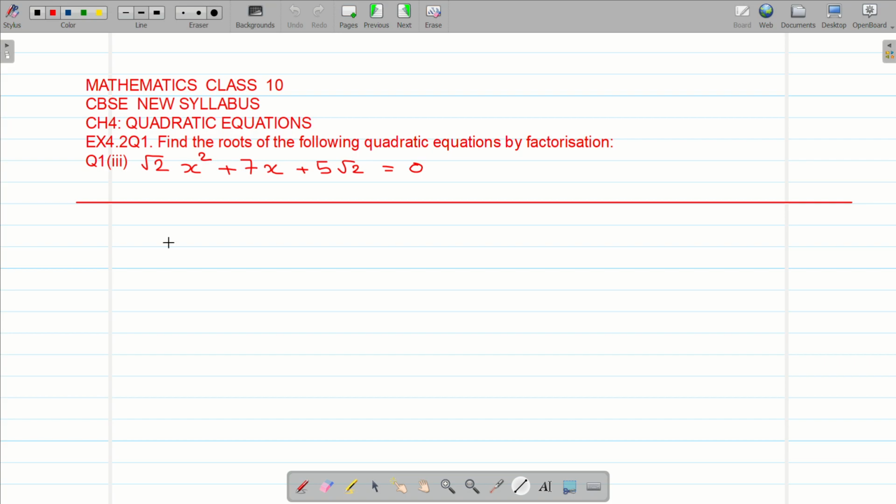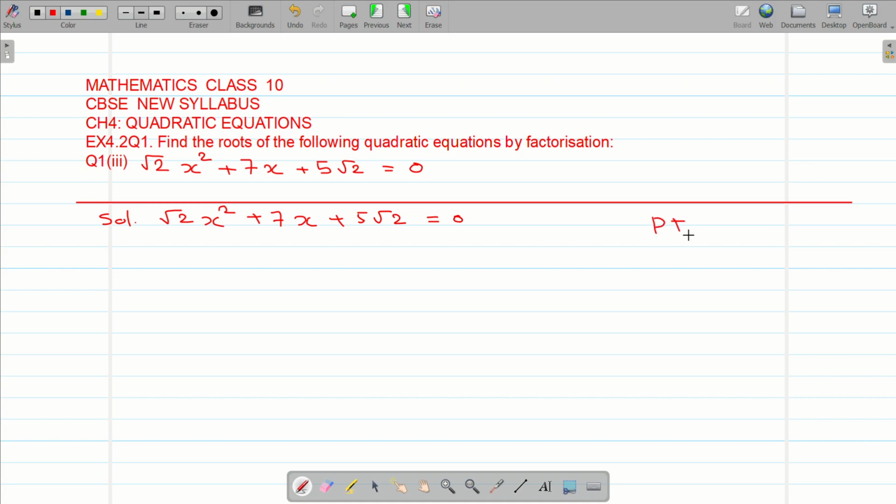Now the third part, root 2 x squared plus 7x plus 5 root 2 is equal to 0.